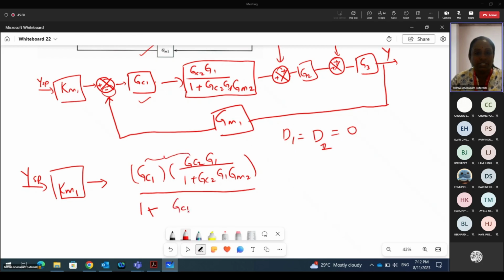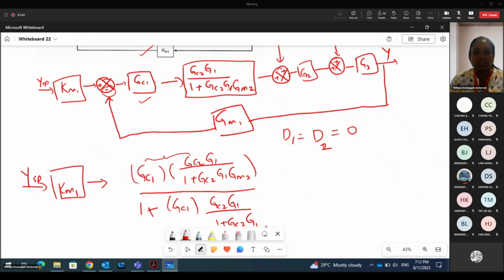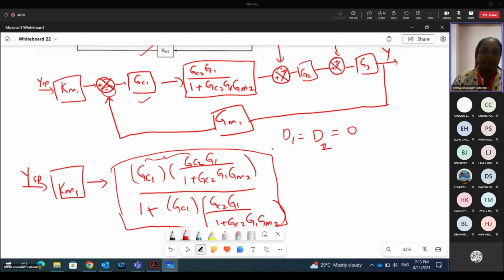So GC1, GC2, G1 over 1 plus GC2, G1, GM2, times GC2, G1, GM2. All right. So the entire thing is the new block, summarized, with the feedback loop reduced.